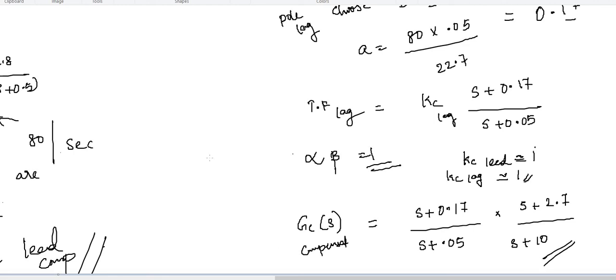That is our compensator transfer function.